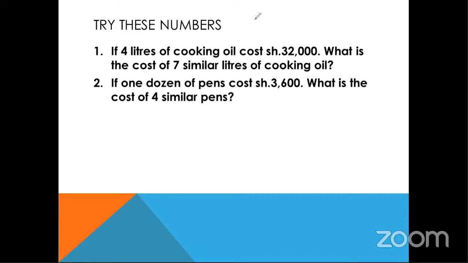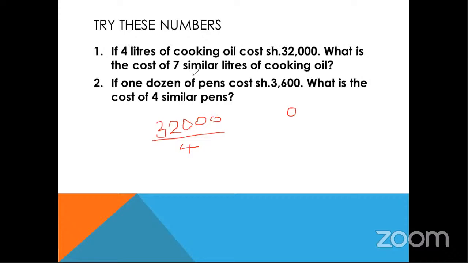Let me draw for you. We are dividing 32,000 by 4 to get the unit cost. Let me give you a simple method. Go to your multiplication and look at the number which you multiply by 4 to give you 32.